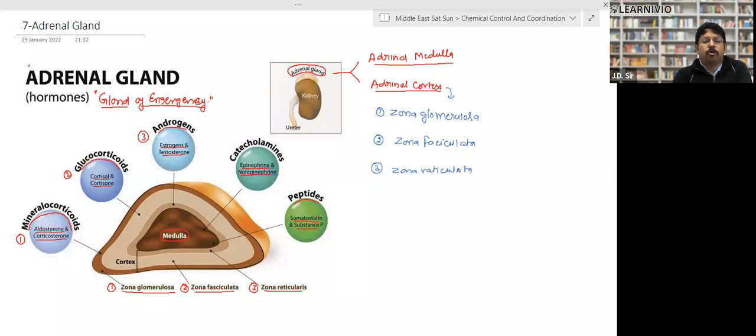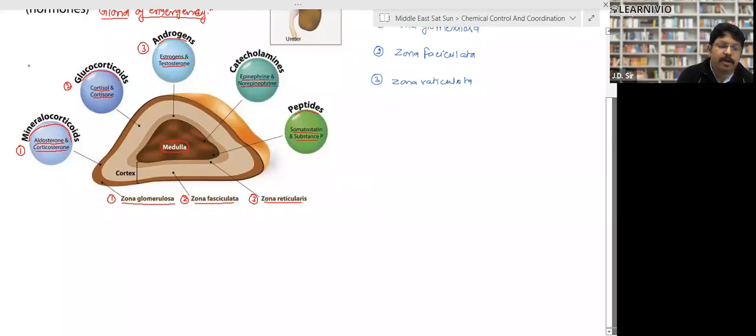Now put the heading: hormones of adrenal cortex.